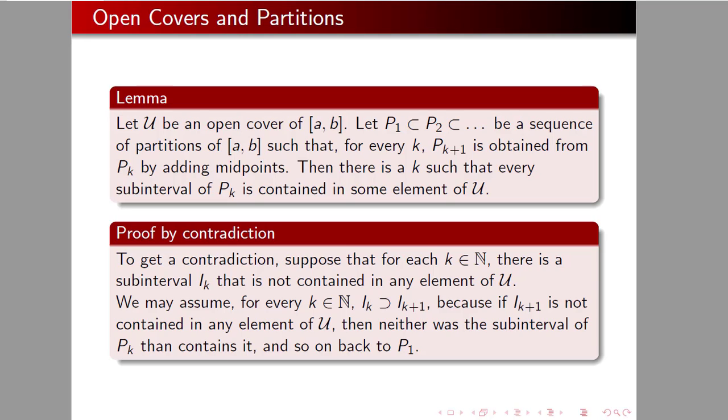Okay, so here's the idea. You can think of P sub k as being places where you're cutting up, say, a carrot, and you have your U being a set of cups that you're covering that up, the cups being fixed in position over the carrot to begin with.